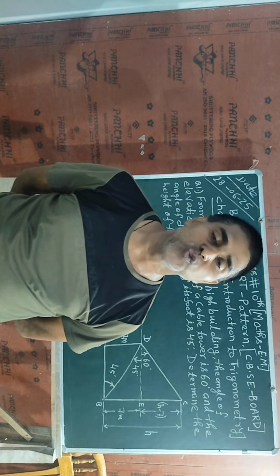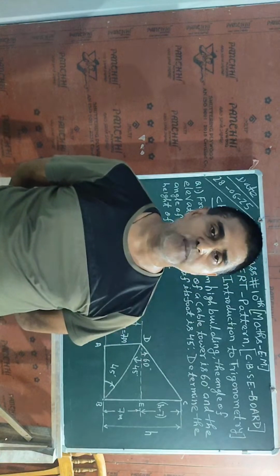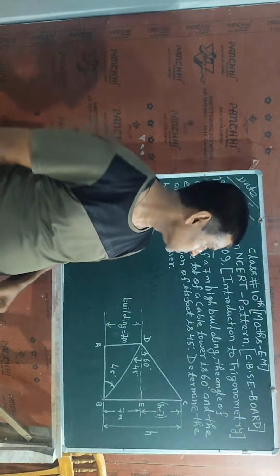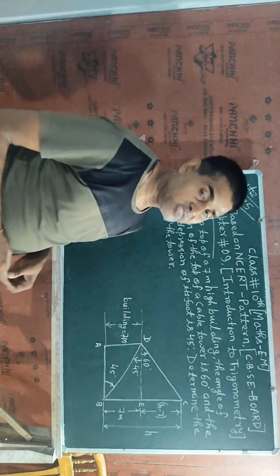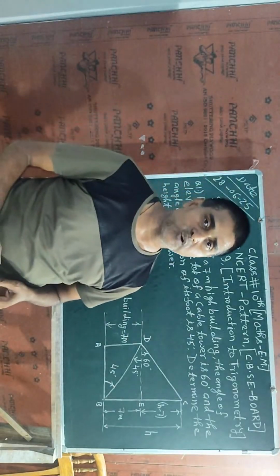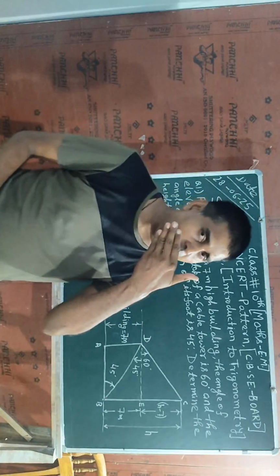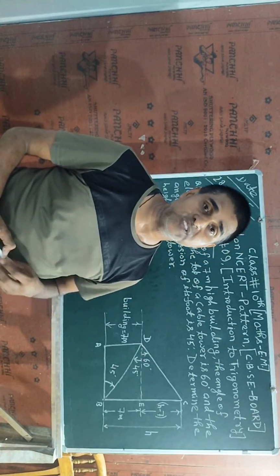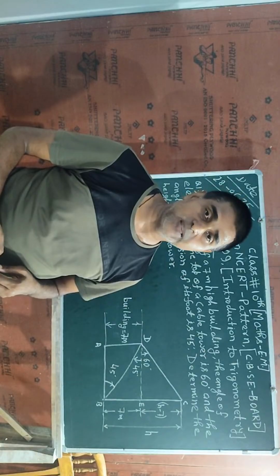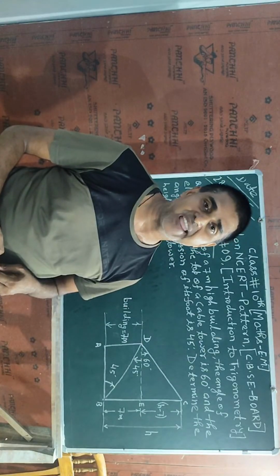Okay, students, so I am going to solve some questions from the trigonometry chapter. Now here I have written one question, which is also known as a word problem, and this question belongs to the chapter named Height and Distance.